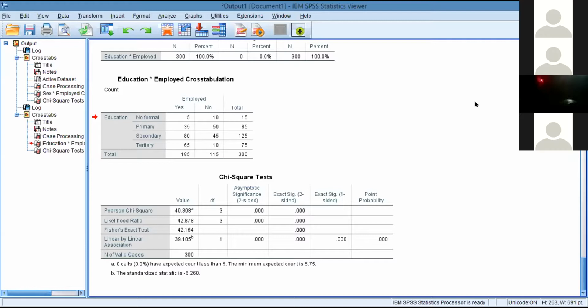If any cell has expected count less than 1, you will know from the minimum expected count. The minimum expected count is this. From the minimum, you will know if there's one that is less than 1 or not. The first statement gives you the proportion that have expected count less than 5.